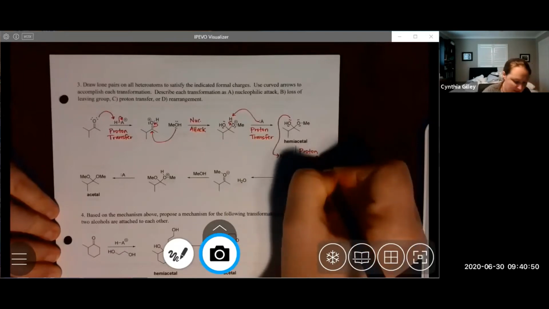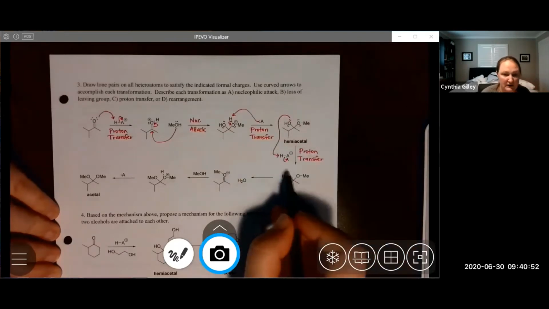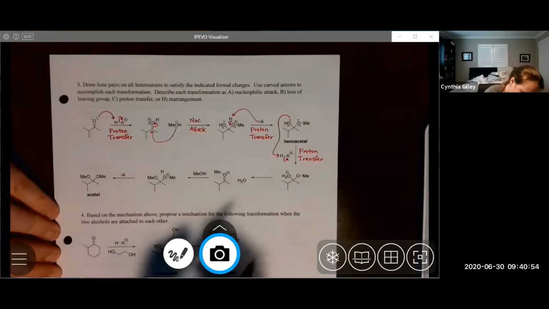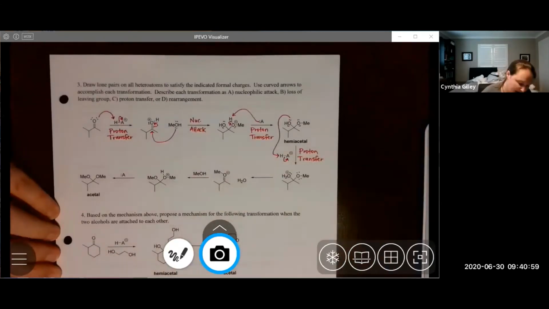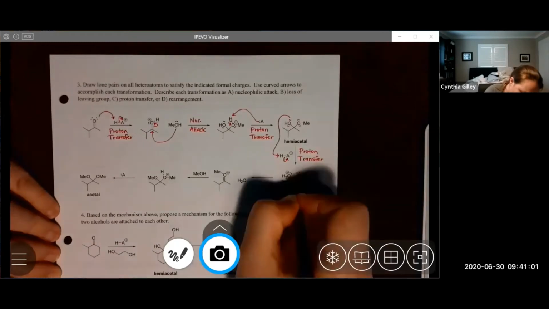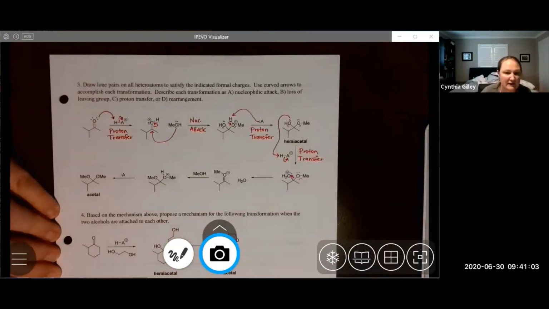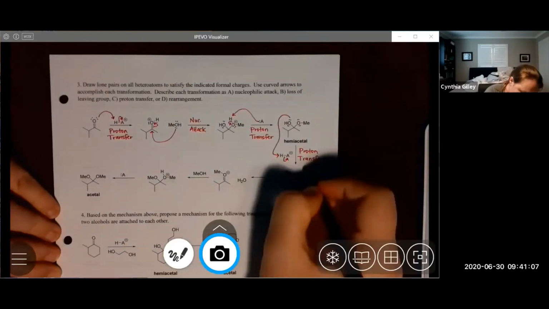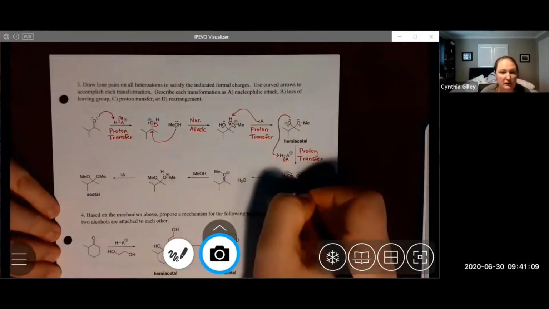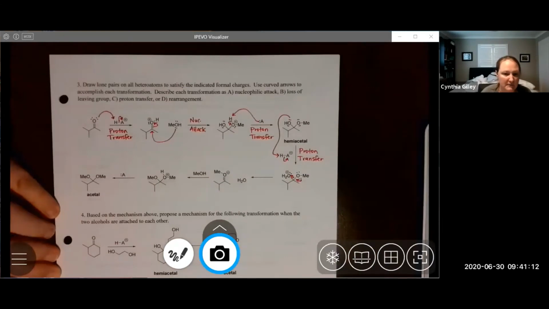Now we have a good leaving group. Water is a good leaving group. Drawing some lone pairs. And we can go ahead and have it leave. Have it leave, but in order to get this resonance contributor, I also need to generate a carbonyl there, that lone pair.